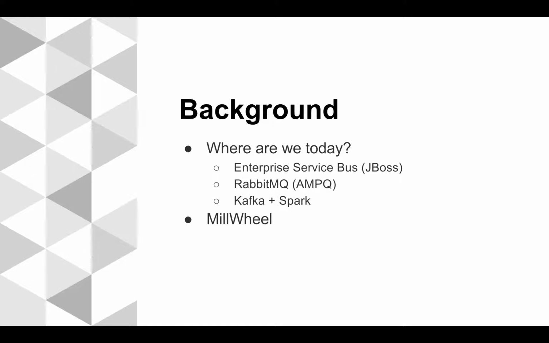Next, we have RabbitMQ, which is an implementation of the AMQP protocol, which is basically a message queuing protocol. And now, recently, you'll see a lot of people using Kafka and Spark, and this last one actually does stream processing.